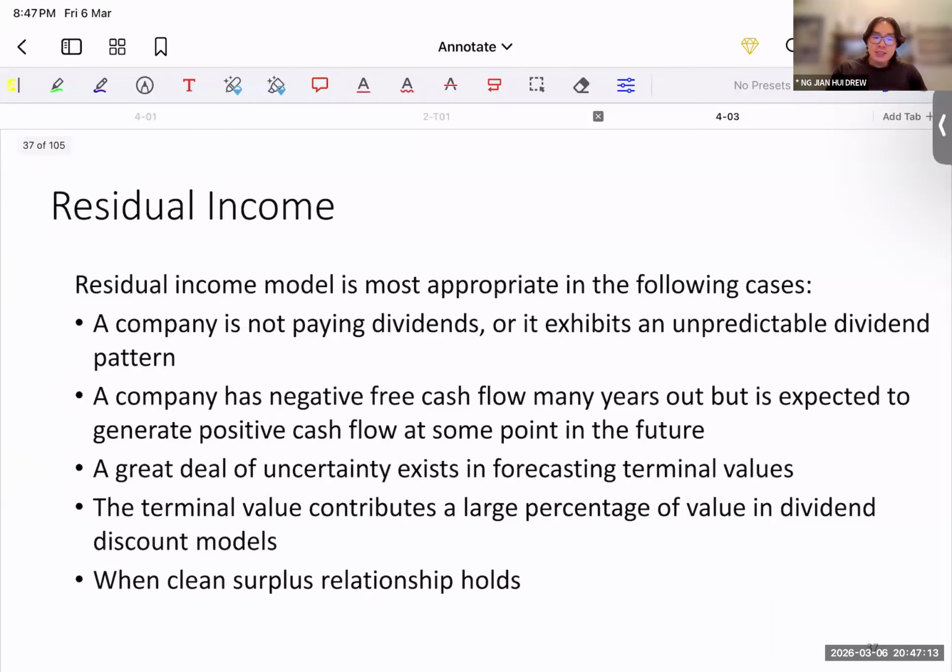So further commentaries: your residual income model is most appropriate when the company is not paying dividends, right? When it's not paying dividends or has unpredictable dividends, then you cannot use your DDM model, so maybe you use a residual income model. Or the company has negative cash flow. If negative cash flow, you can't really use the free cash flow model either. It's not going to give you a good answer.